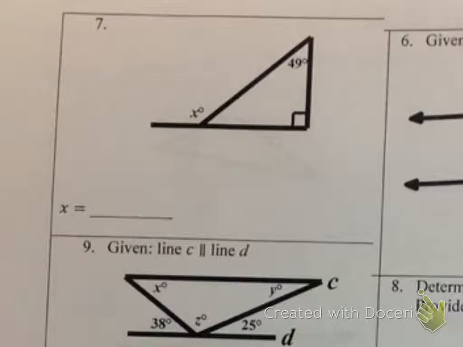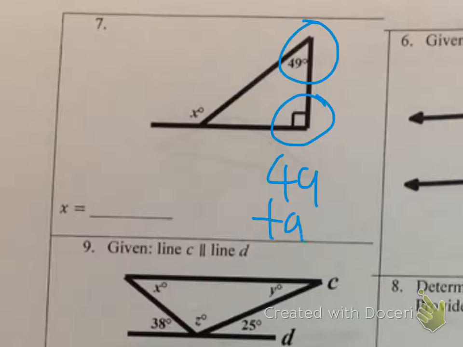Okay, this one we're going to use the exterior angle theorem. And this is 49 plus 90, which equals 139.